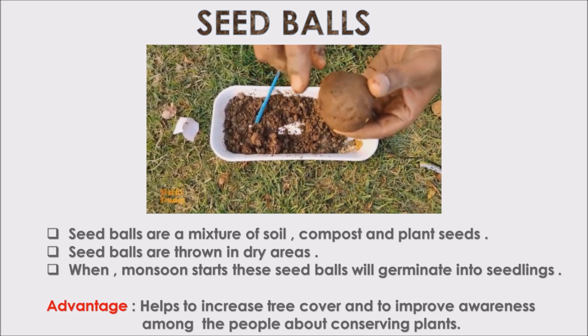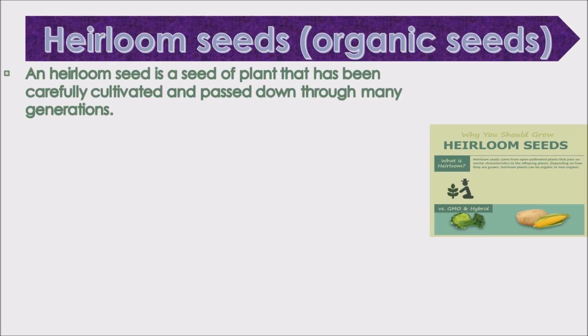The next method is heirloom seeds. The heirloom seeds are otherwise called organic seeds. An heirloom seed is a seed of a plant that has been carefully cultivated and passed down through many generations. They are usually planted in small, isolated communities.